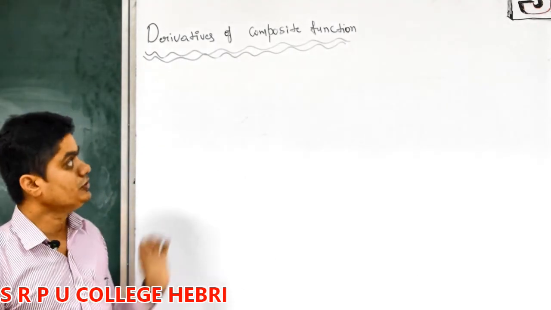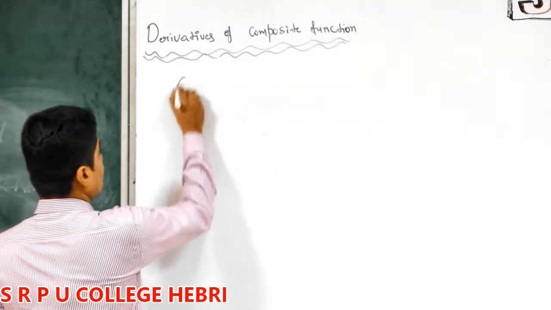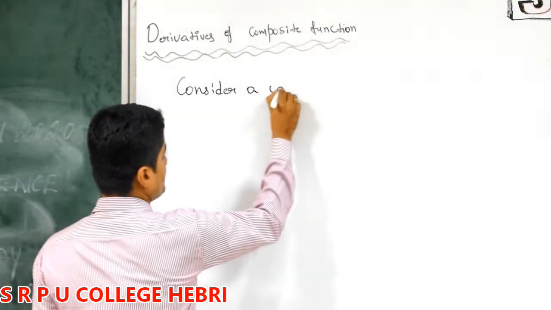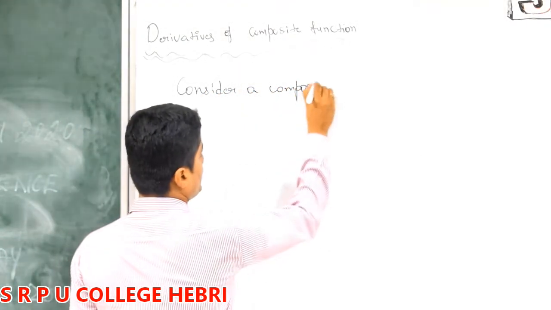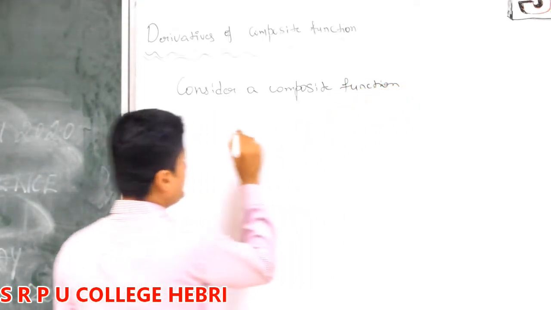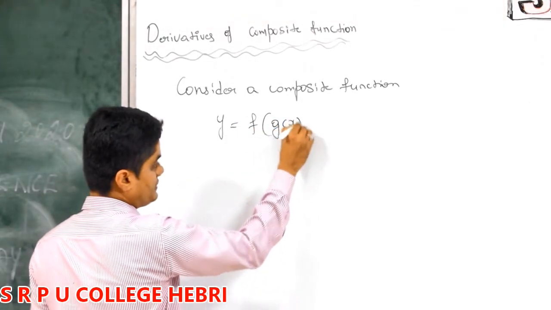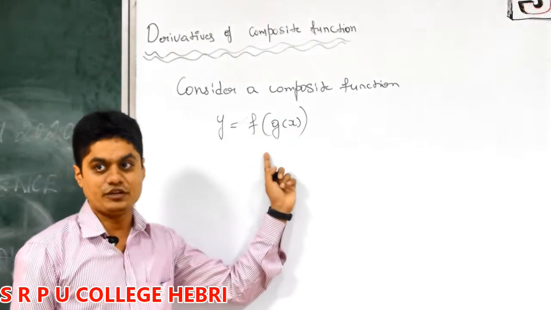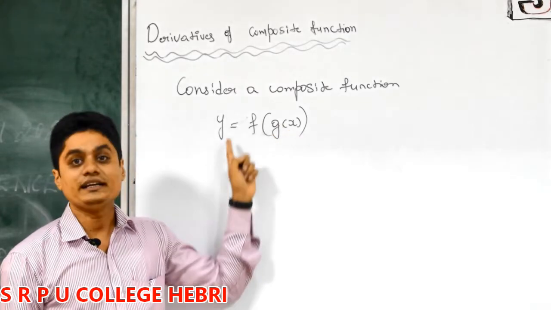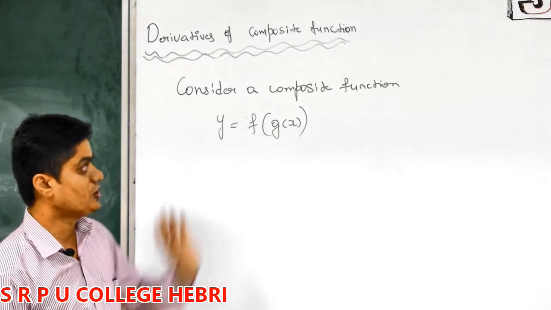Now I will teach you how to find the derivative of a composite function. First consider a composite function. Let it be like this: y is equal to f of g of x. I hope you understood the meaning of this, explained in the beginning. g of x is inside f, not f of x into g of x. g of x inside f is called a composite function.